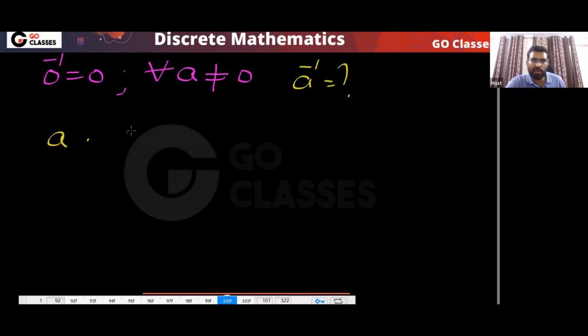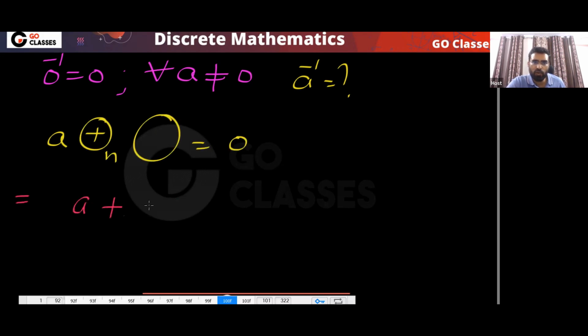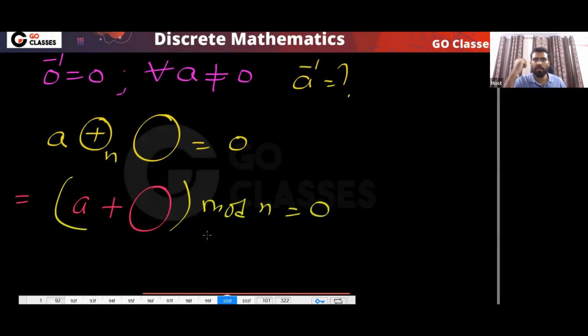So basically I am asking you, what should I keep here such that I get 0? This simply means, what should I add here, mod n, such that I will get 0? Remember, this is mod n. So this should be n, right?